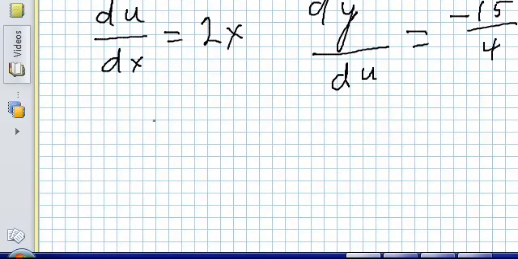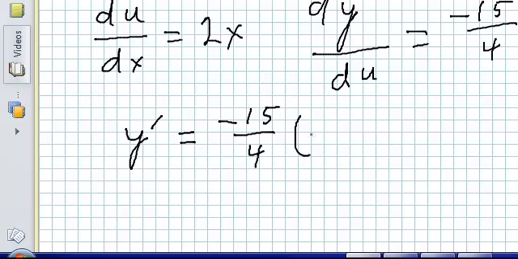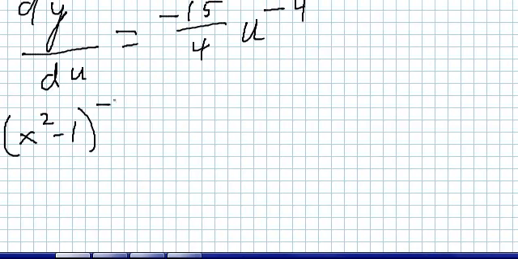Okay, let's put this together now. So our y prime is equal to negative 15 over 4 times (x squared minus 1) to the negative 4 times 2x.